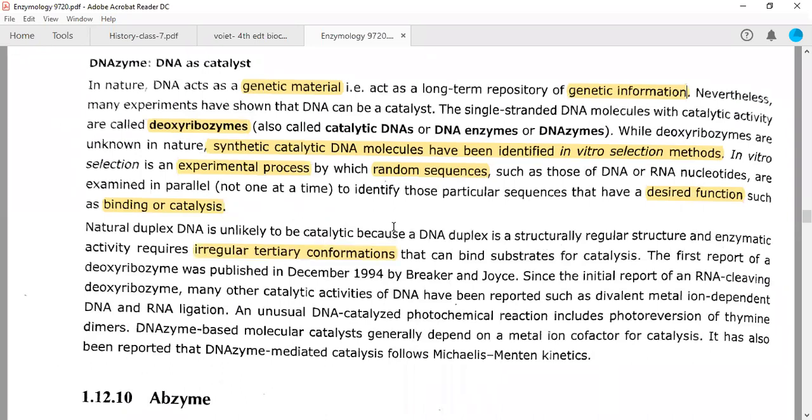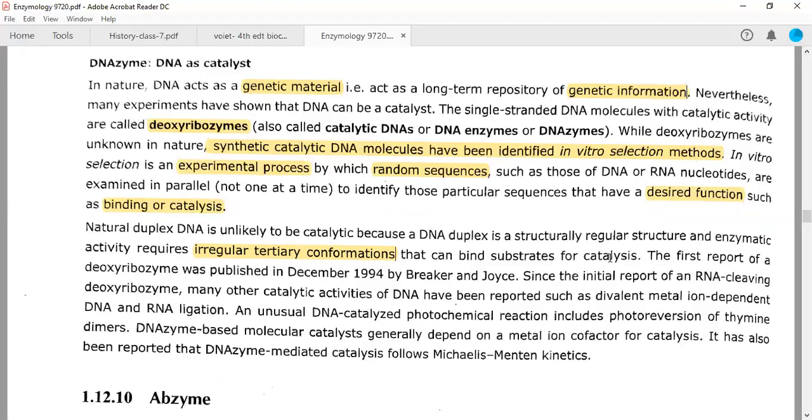You need to know that whenever there is an enzyme or protein, it should be able to change its conformation so that it can catalyze a reaction. But double-stranded DNA is very stable and has a regular structure. Therefore, it cannot work like a catalyst. So mostly the DNA which acts like a catalyst or an enzyme should be a single-stranded DNA molecule. So this you should remember.